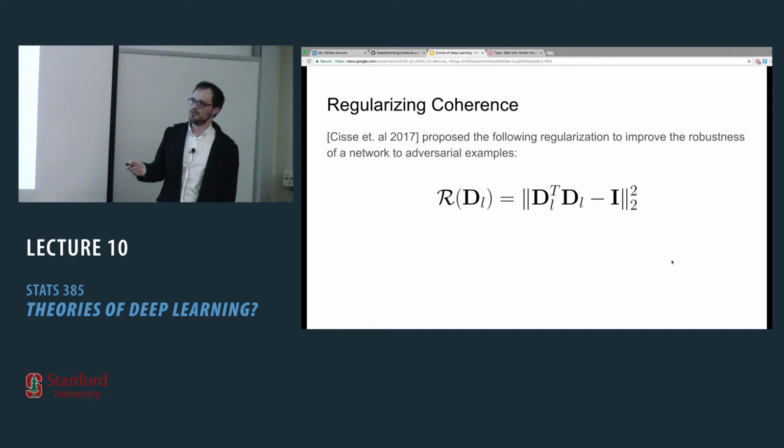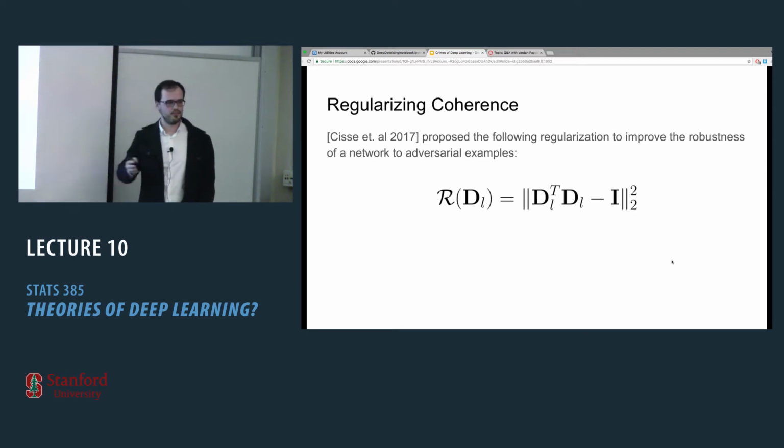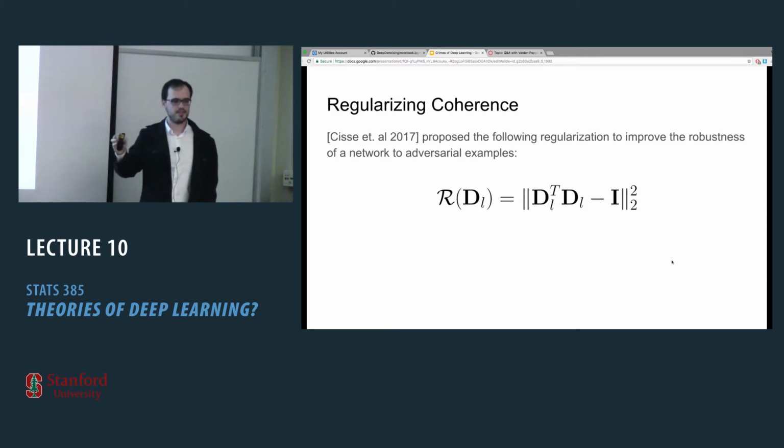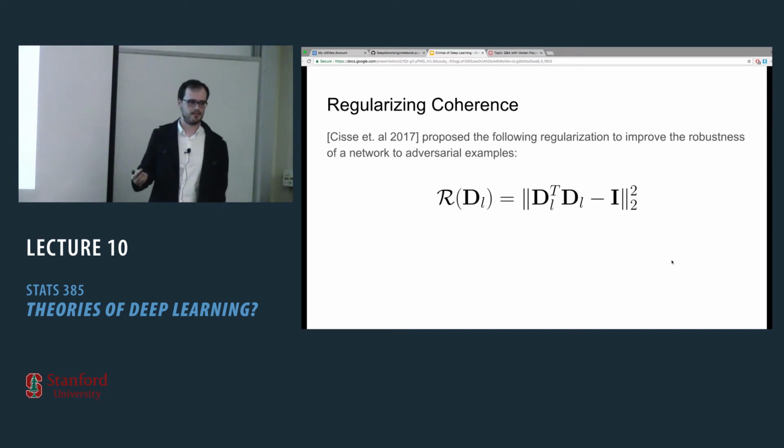Here's another interesting fact. There's a work called Parseval networks. This actually relates to one of the questions posted on Canvas. This work is tackling the problem of adversarial examples. Adversarial examples are when you take a CNN, you feed an input image, and it says a cat. Then you slightly perturb it in an adversarial way such that the network suddenly outputs an airplane. And the question is, can you do something with the network to make it more robust?